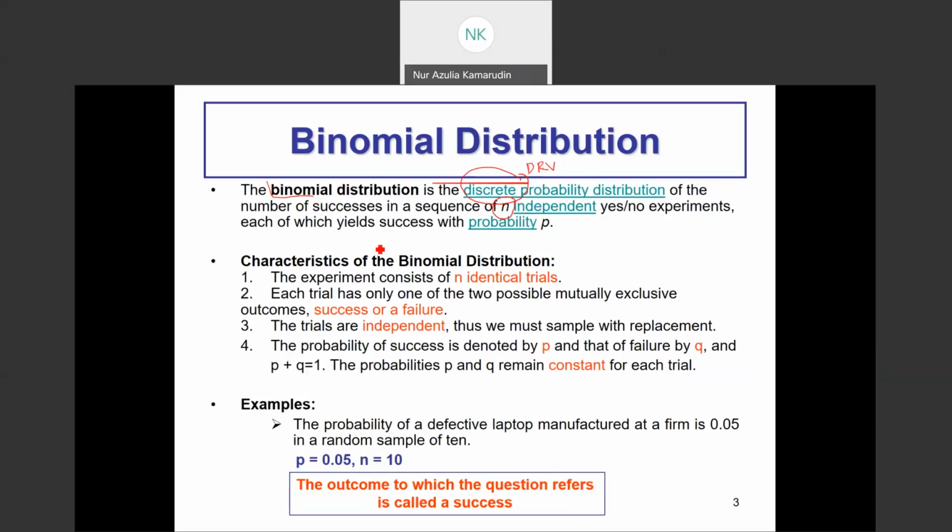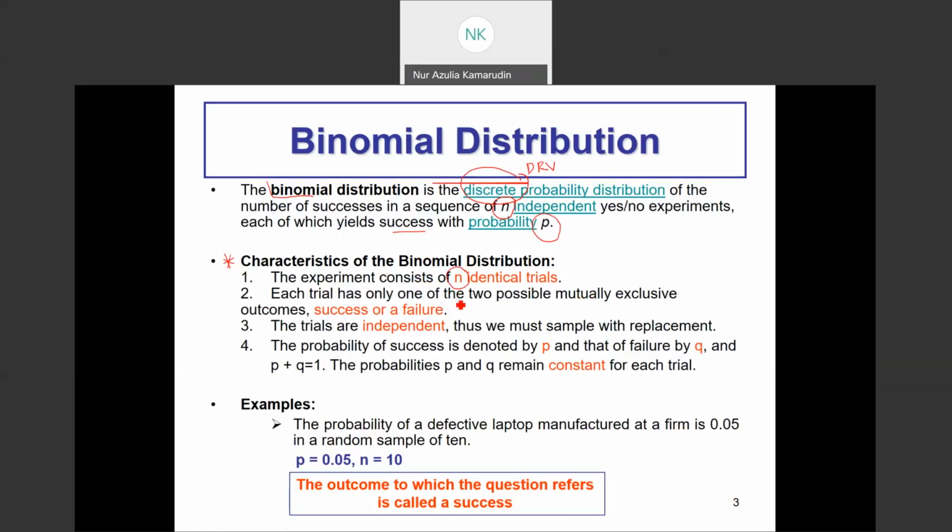Okay, and of course, you have probability of success. So, of course, here again, these are the important characteristics of your binomial distribution. The experiment will consist of n trials, okay, could be 20, 30, 400, and so on, doesn't matter as long as they are discrete variables.